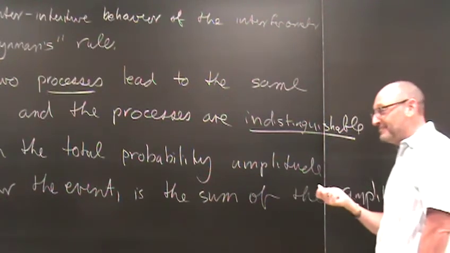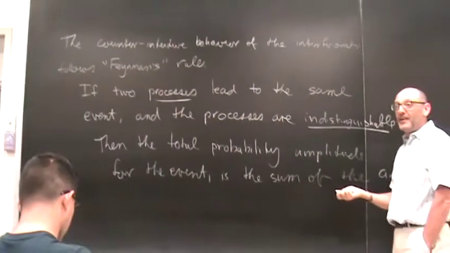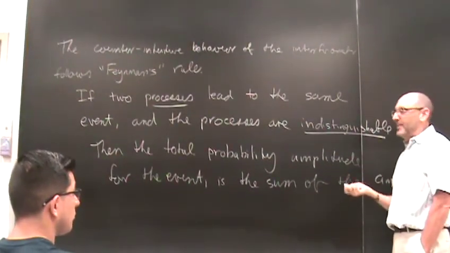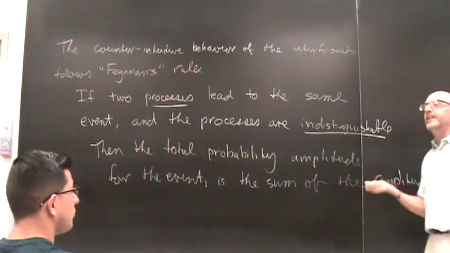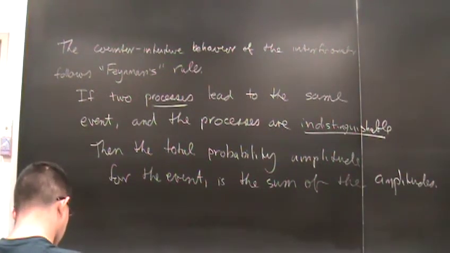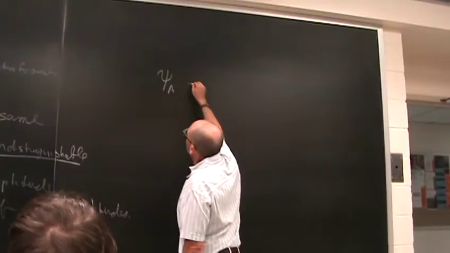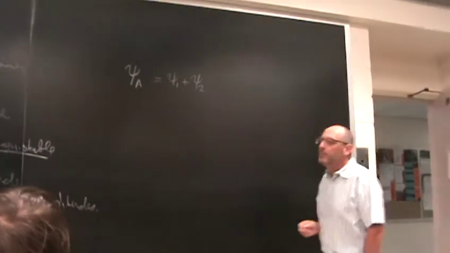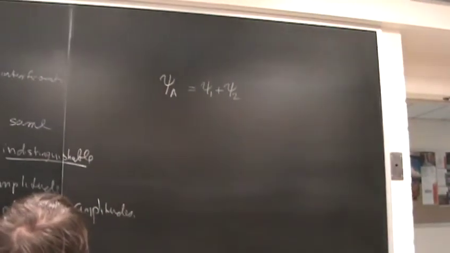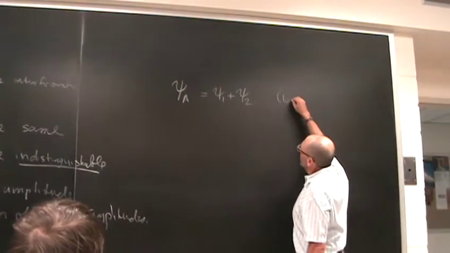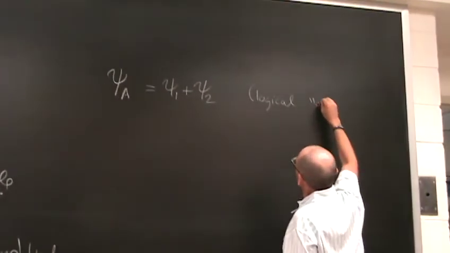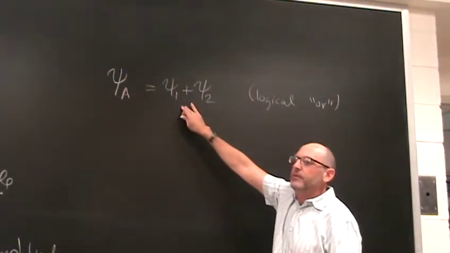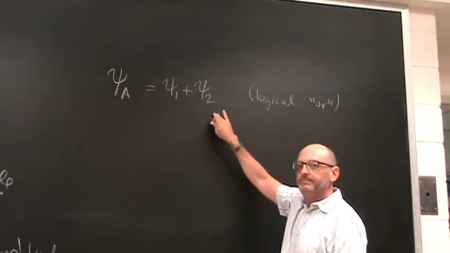Quantum mechanically, if we have logical OR, we don't add the probabilities, we add the probability amplitudes. So that if there is an amplitude, a complex number associated with detector A clicking, that total amplitude is the sum of the amplitudes for the two. The logical OR now involves the amplitudes rather than the probabilities.